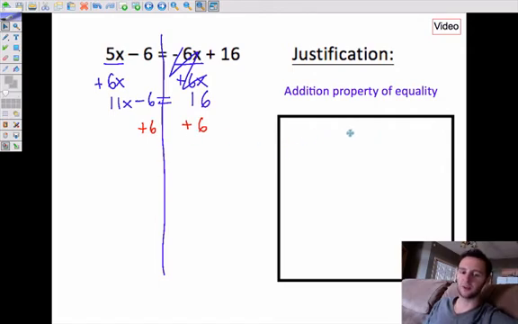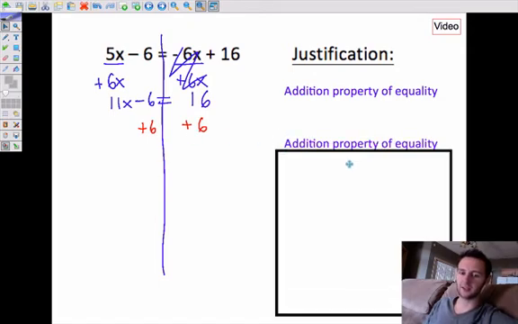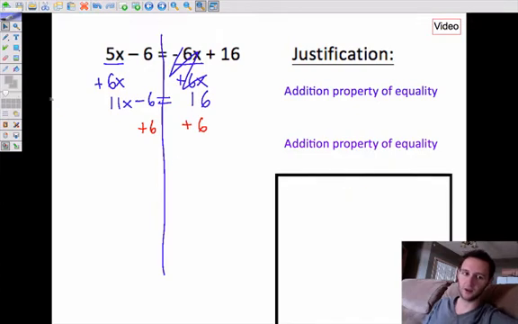And since I did it to both sides, the reason I can do that is, again, the addition property of equality. So at this point, what I have is 11x equals, that all cancels out, 16 plus 6 is 22. So what I have left is 11x equals 22.